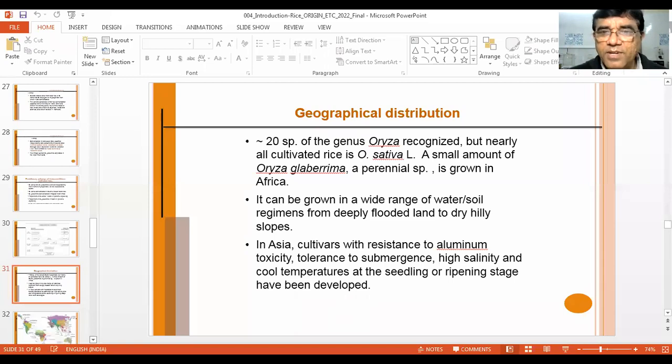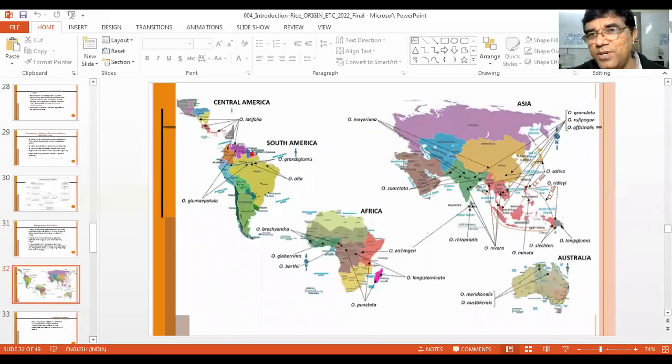In Asia, there are cultivars with resistance to aluminum toxicity, tolerance to submergence, high salinity, and cool temperatures at the seedling or ripening stage, meaning it is the most widely adopted crop in the world. It can adapt to any kind of climatic and soil conditions, and therefore it is very widely distributed in the world.